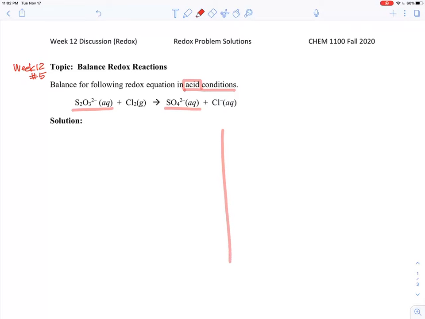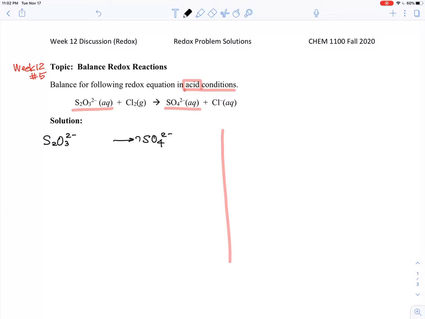Okay, so I am going to write the first half reaction, which is S2O3 2 minus, and that becomes SO4 2 minus. The first thing to match up is something that is not hydrogen or oxygen, so in this case it is sulfur.